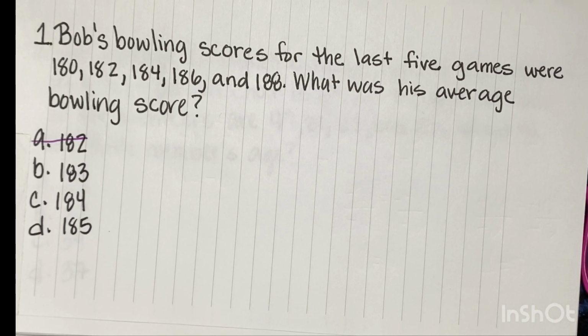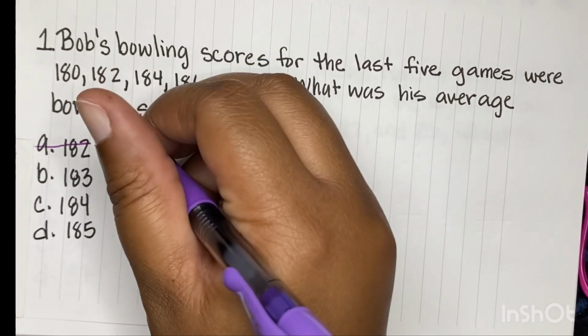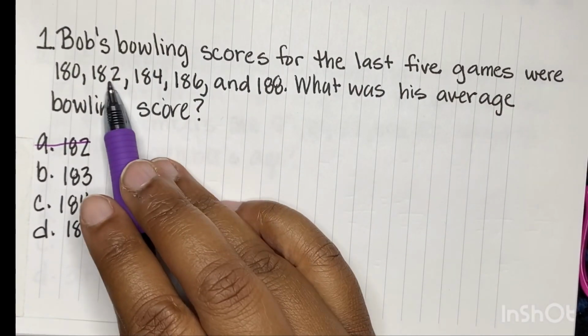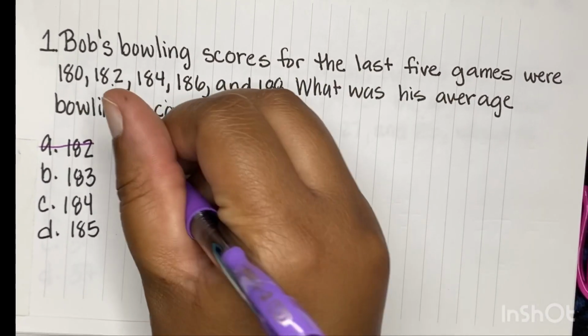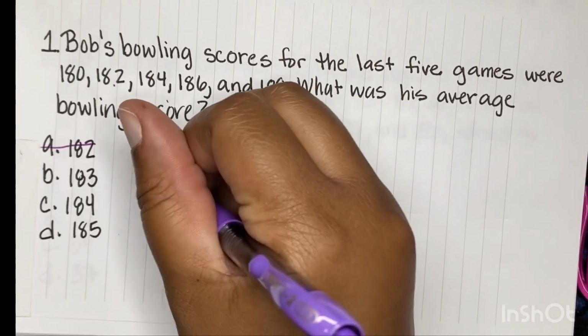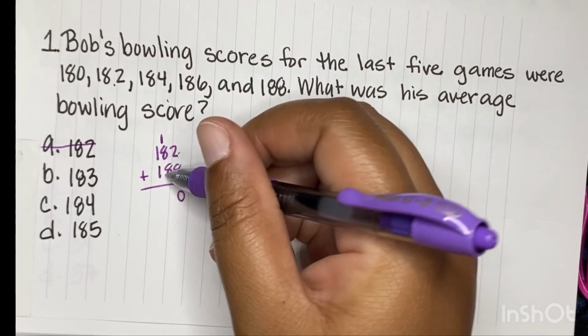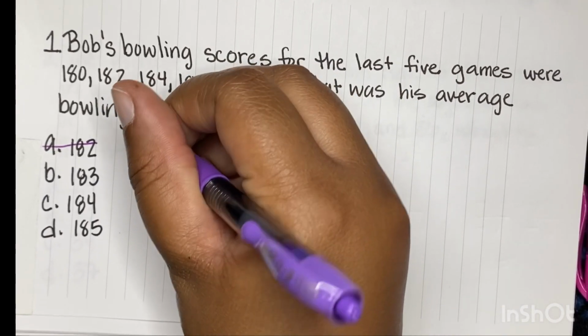When you're finding the average, you're going to add up all these numbers. So let's do 182 plus 188. I'm doing that because I know 8 plus 2 is 10. Then 8 plus 8 is 16, plus 1, 17. Carry the 1.